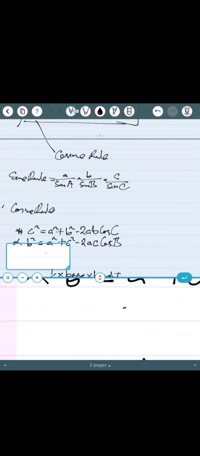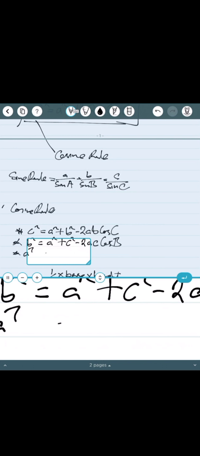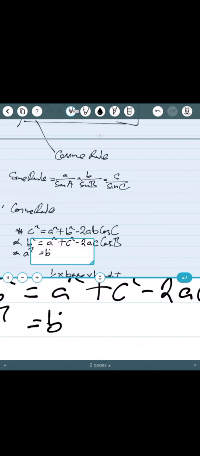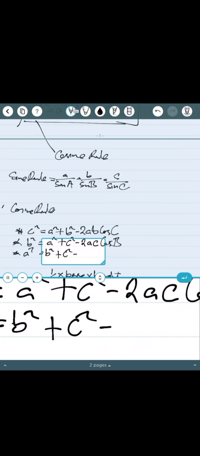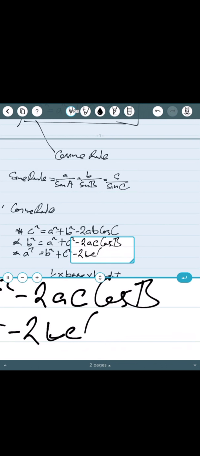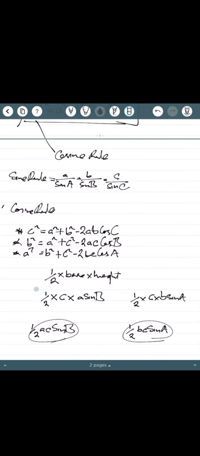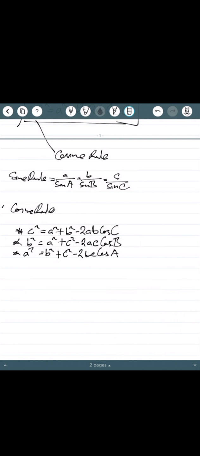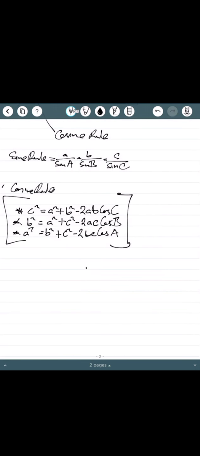And when you're finding the other side, which is a, it becomes a squared is equal to b squared plus c squared minus 2bc cos a. So we can use any of these to find any of our missing sides in any given triangle.